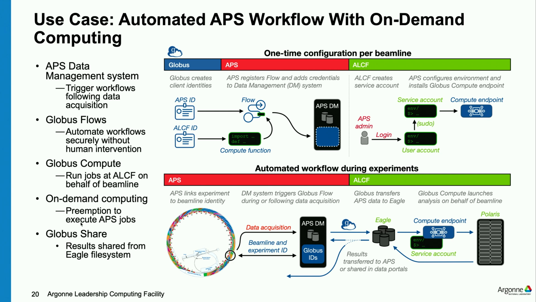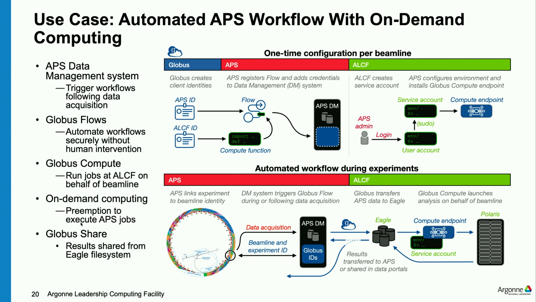So what was accomplished recently is that we connected the APS data management framework through Globus to Eagle. As soon as some data is received, it gets pushed automatically. This whole process works automatically without human intervention.